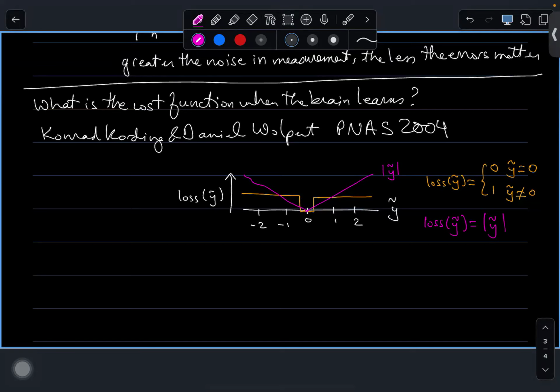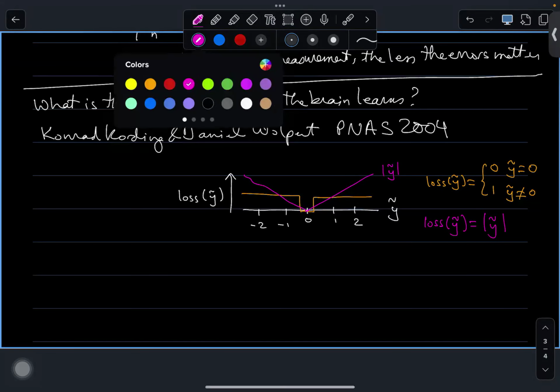So here, distance matters. If you're really close, it's good. If you're a little farther away, it's not as good, and so forth. And so here, loss grows linearly. Now we've been talking about quadratic loss. Quadratic loss looks like this.